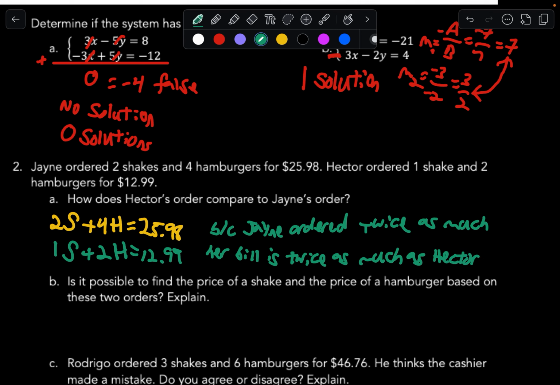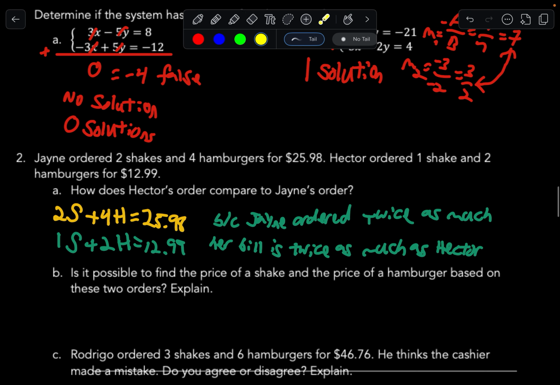And you can see that because if you take $12.99 and multiply it by 2, you get, let's see, 12 times 2 is 24, 99 times 2 is 198, so you get $25.98. So her bill is twice as much as Hector's.